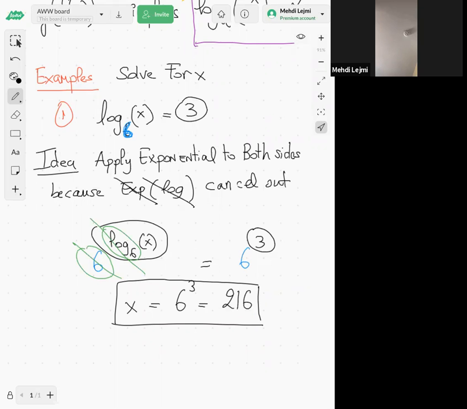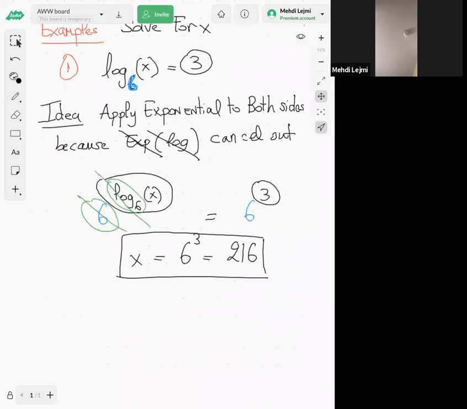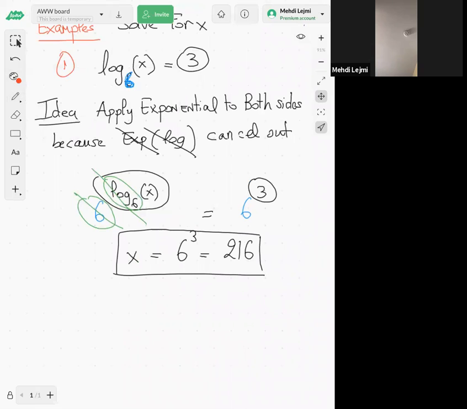Another example, this is example number 1, example number 2, and then I'm going to give you an exercise. So example number 2. So now let's say you have 2 to the power x equal to 9. Right? And of course, the goal here, you want to solve for x.